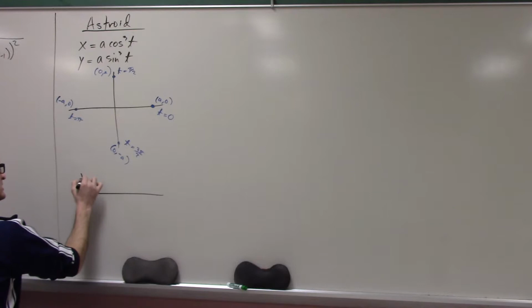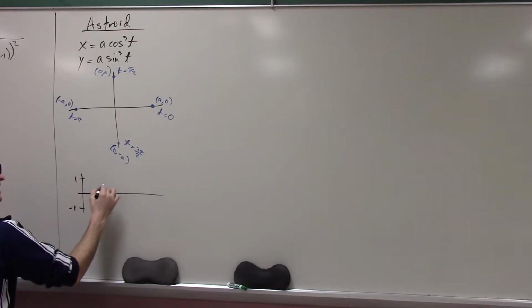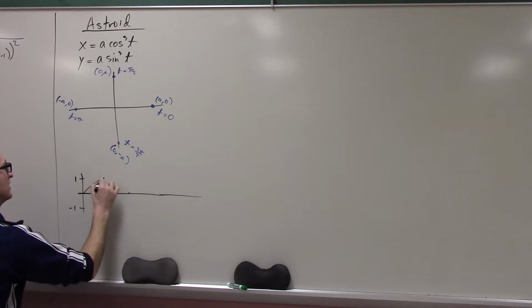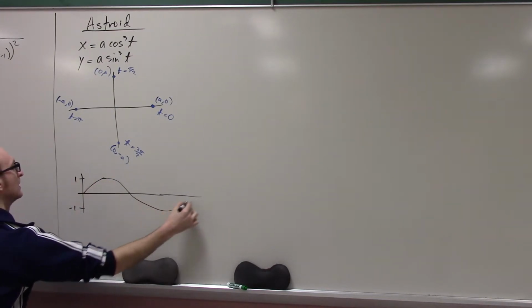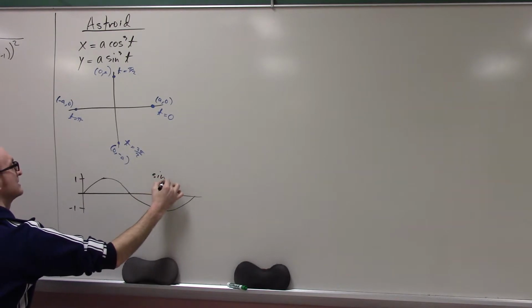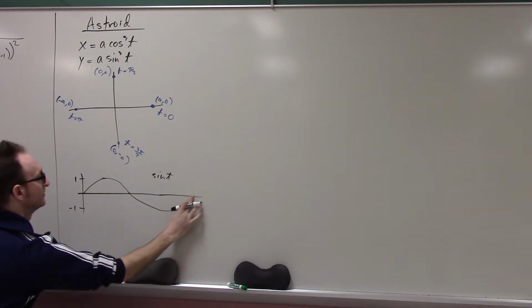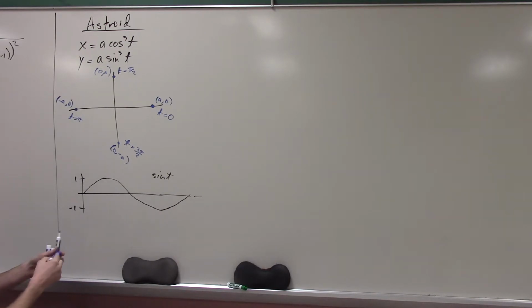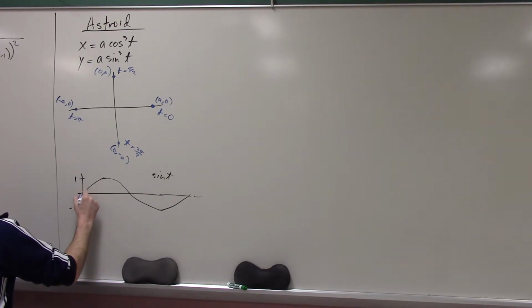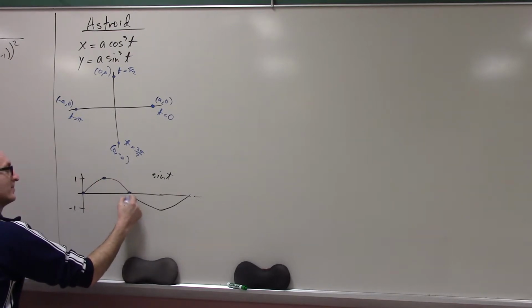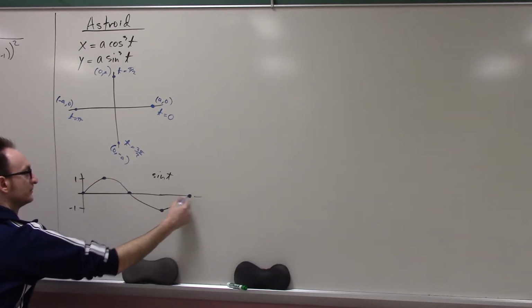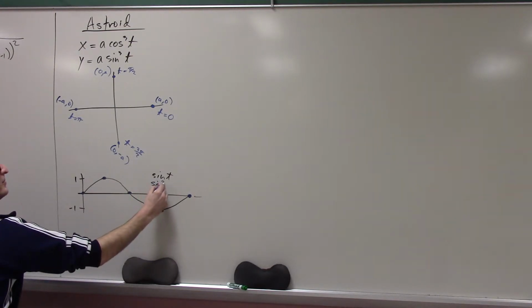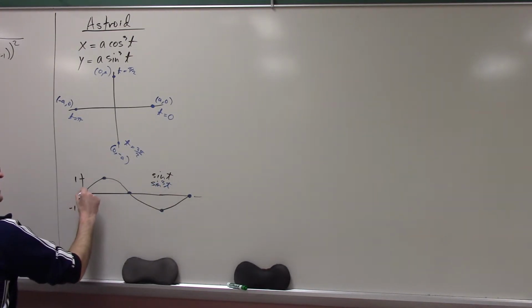I don't know, this is my way of doing it. Normal sine, so to speak, looks like this. So that's sine t. It's not the best picture ever. Okay, but sine cubed t is going to have these same points, but now if you cube a number between 0 and 1, it's going to get fatter.